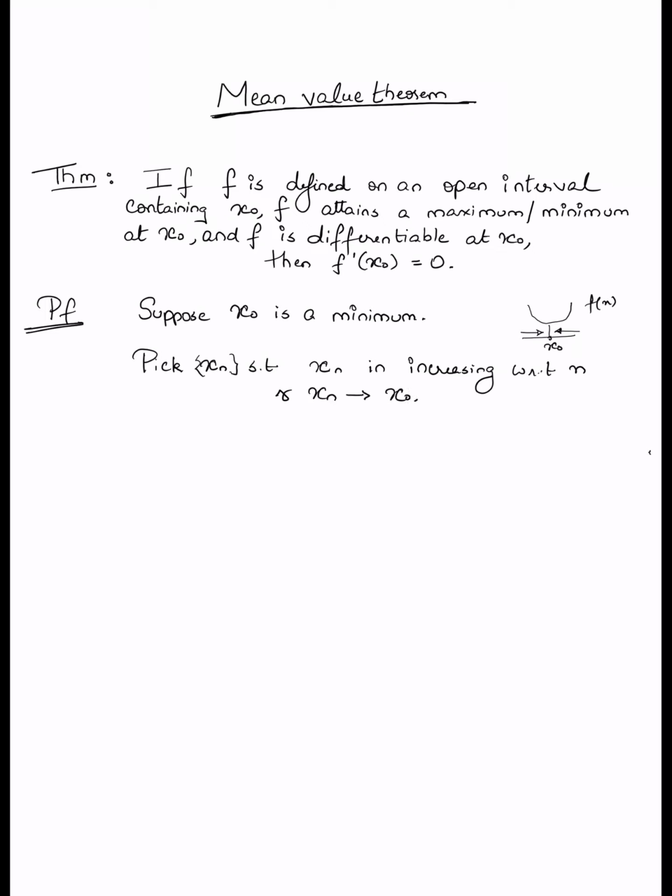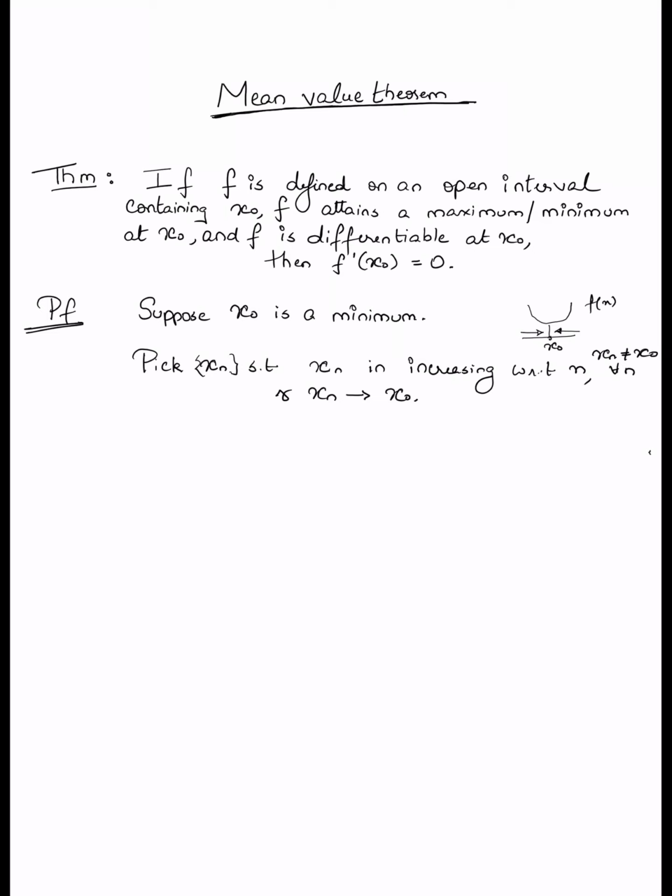In other words, you are approaching from the left. In addition, of course, you are assuming that xn is never equal to x naught. Remember, when we look at the limit of a function as you approach x naught, the function value at x naught itself is never considered. So xn does not actually take the value x naught.